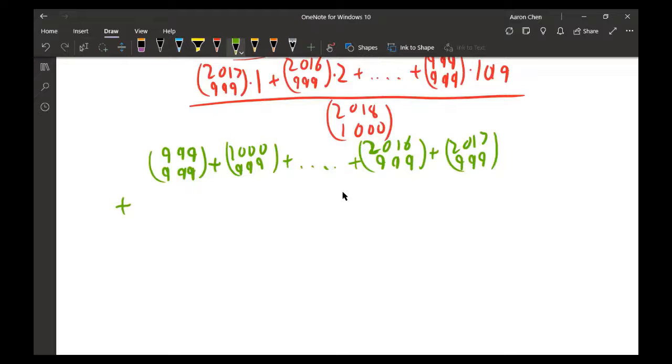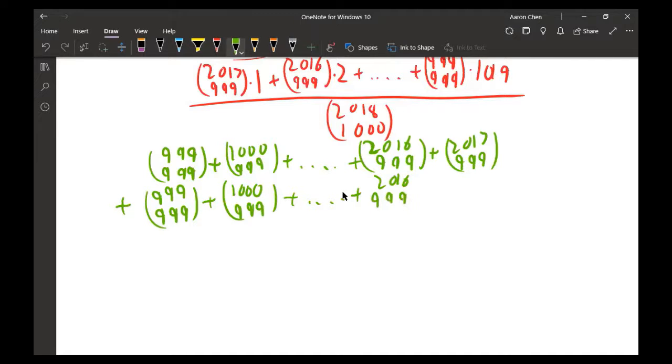Then another row: 999 choose 999, plus 1000 choose 999, plus all the way to 2016 choose 999. And in this manner, we can just repeat downwards until we get to 999 choose 999 on one row. And so the total sum of these is just equal to the numerator here.